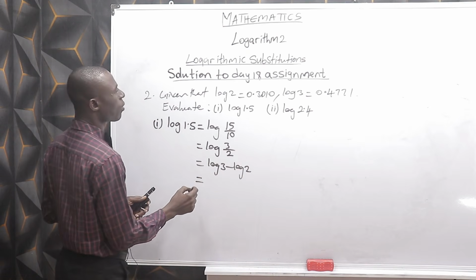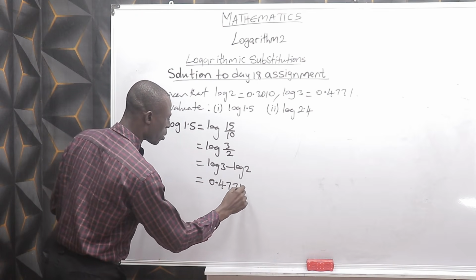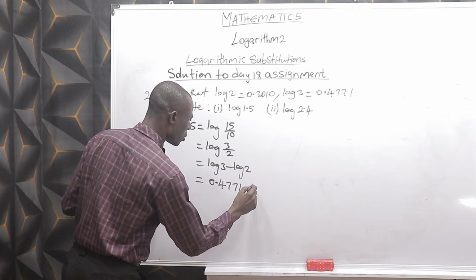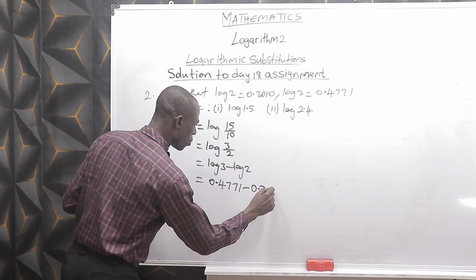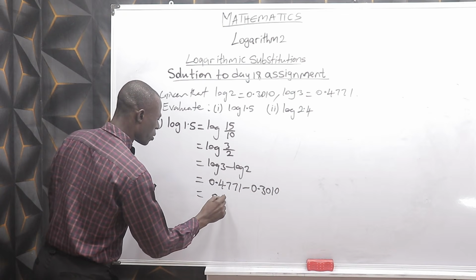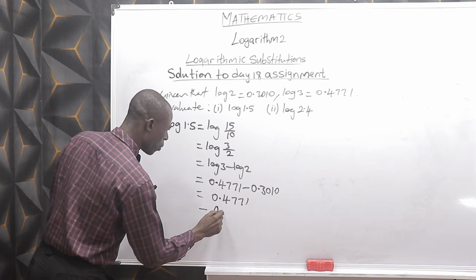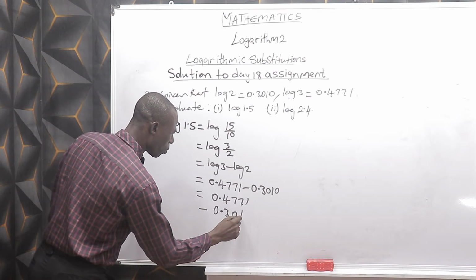Substitution now. Log 3 is 0.4771 minus 0.3010.